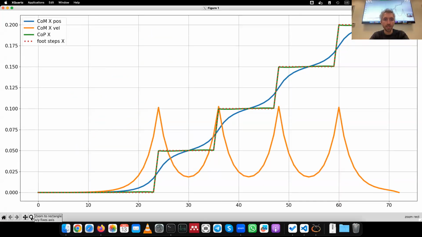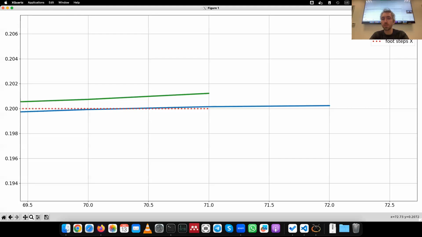So this is in the x direction. We can see that the velocity at the end now is going to 0. Here we end with a 0 velocity. And the center of mass ends in a position which is also very close to the last footstep. So it's almost on top of the last footstep, which is good. So it means that we can stabilize it.